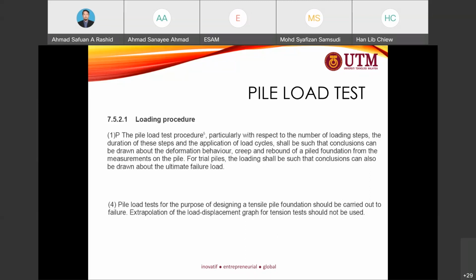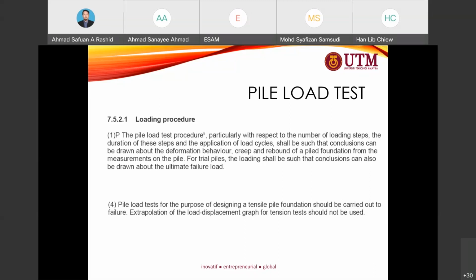For trial piles, the loading shall be such that conclusions can also be drawn about the ultimate failure loads. So pilot test for the purpose of designing a tensile pile foundation should be carried out to failure. Extrapolation of the load displacement graph for tension should not be used.